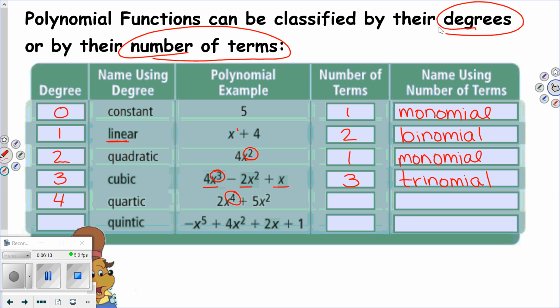There are 4 quarters. Okay, so quart, trying to help you remember that. Quart is 4. Quarter is 1/4. So 4. So this is 2 terms, and we call that binomial.